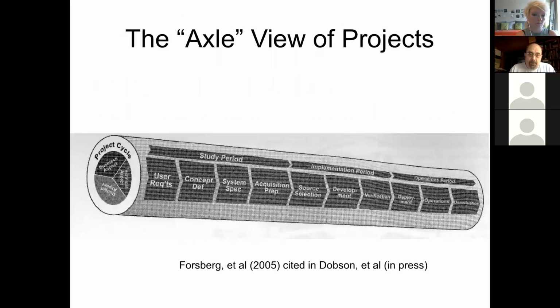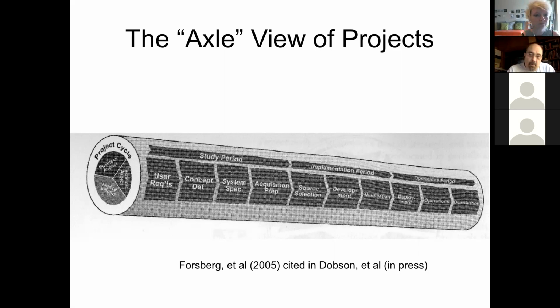Here's a visualization of what a project looks like. This comes out of the project management literature. So you can see there are sort of three cycles in the project: a study period, an implementation period, and an operations period. And then within that, you see activities and so on.